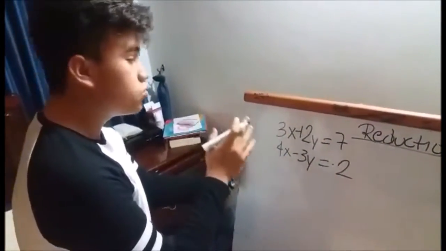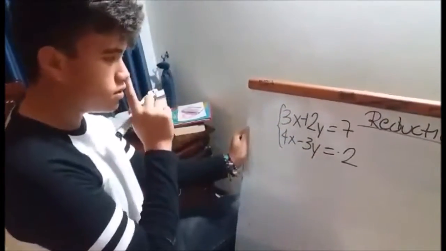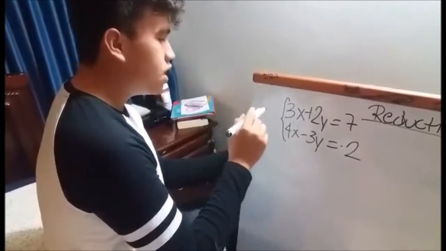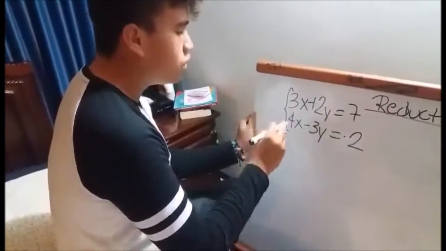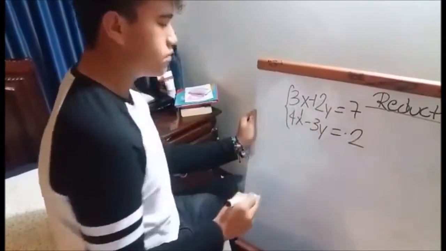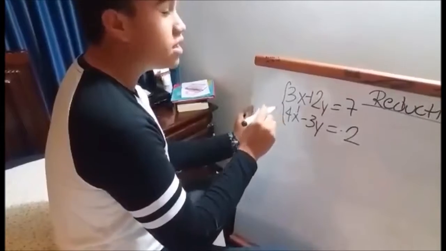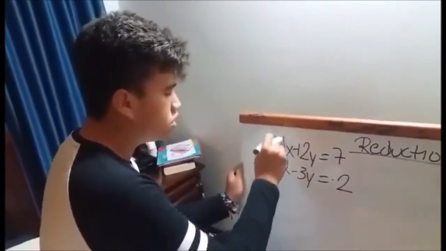This is the way to write an equation system. Next, I need the two coefficients of the same unknown and the least common multiple between these numbers.